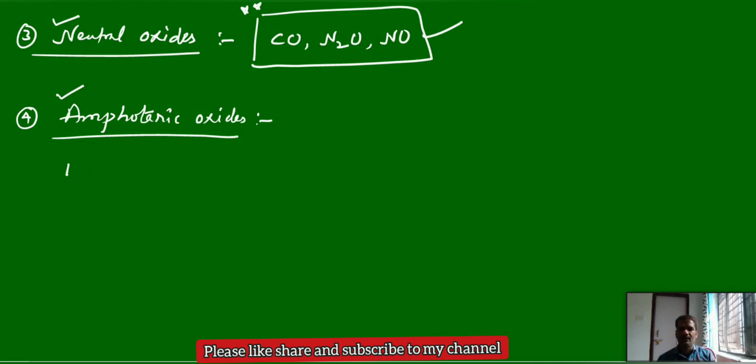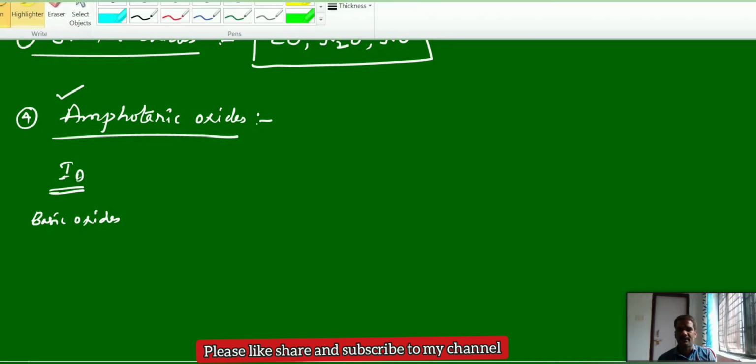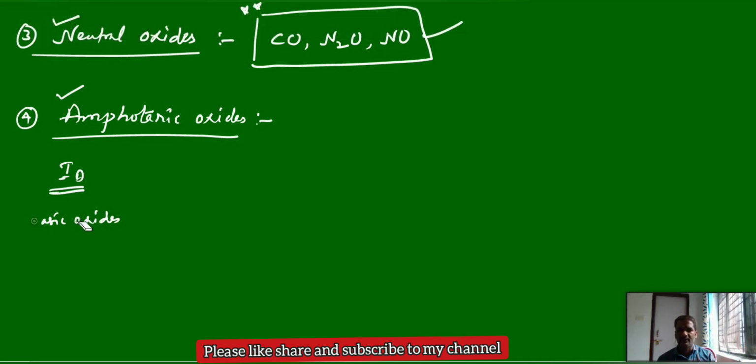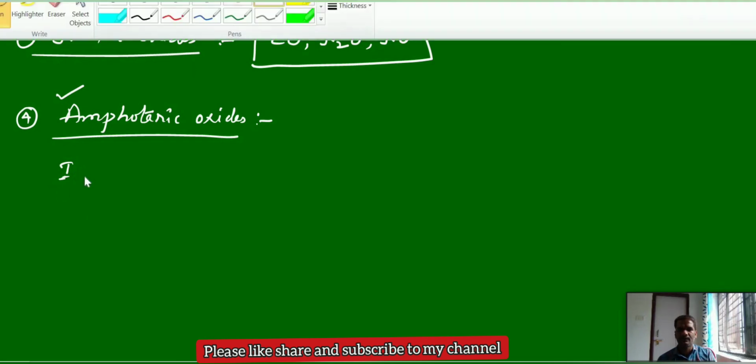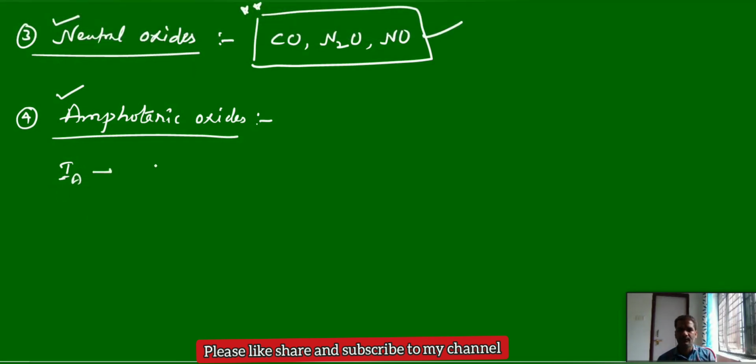First come to the first A group. First A group, the alkali metals, are completely metals. So all first A group metals can form basic oxides only. First A group elements completely form basic oxides.